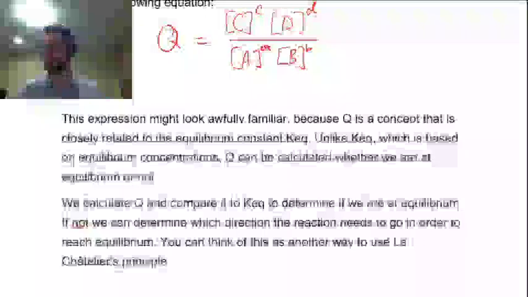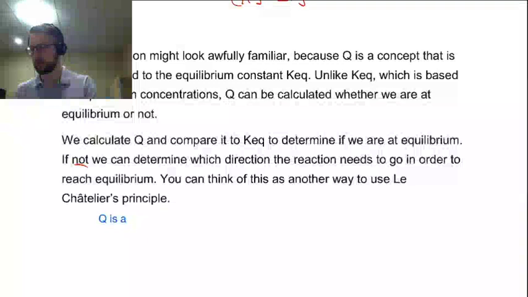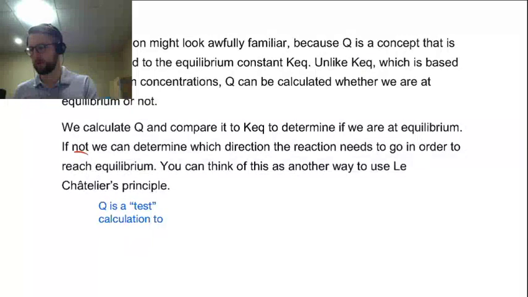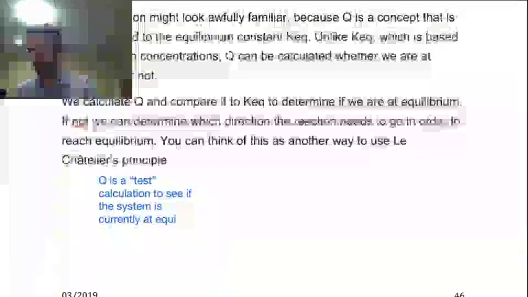In essence, Q is a test calculation to see if the system is currently at equilibrium.